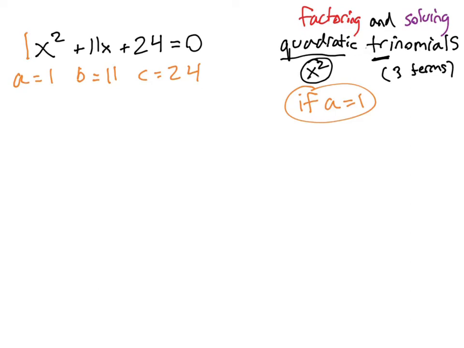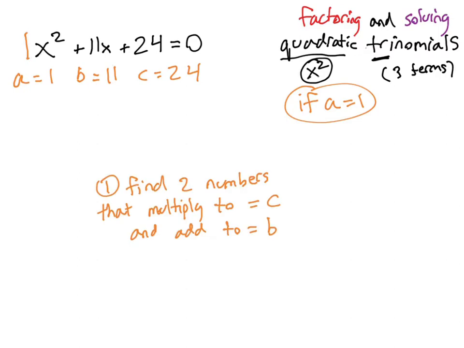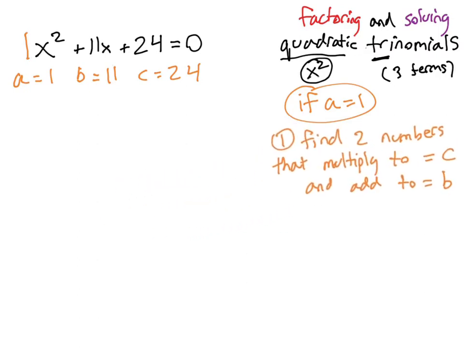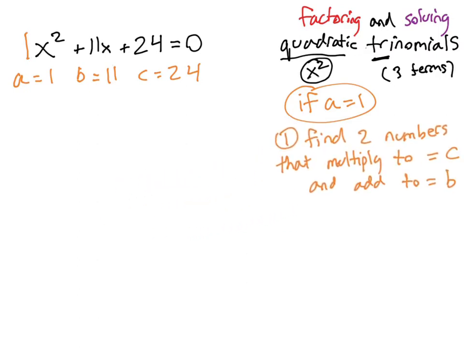But so in the case that a is equal to 1, the next thing we want to do is set up a little number puzzle for ourselves to solve. We want to find a pair of numbers that when we multiply them together equals this last coefficient, c, and when we add them together equals this coefficient in the middle, b.